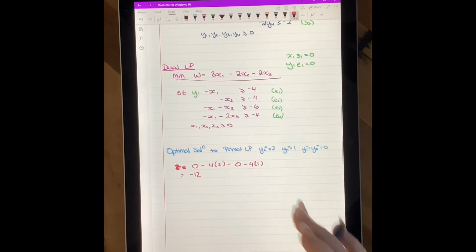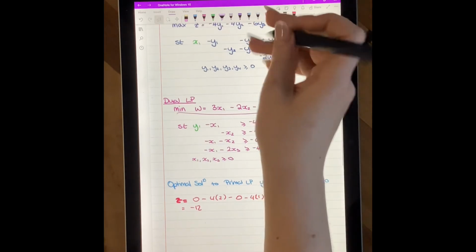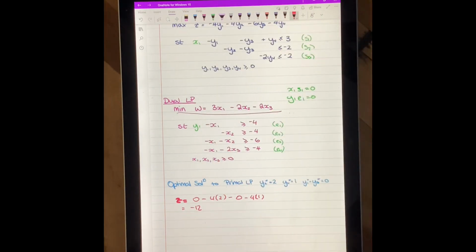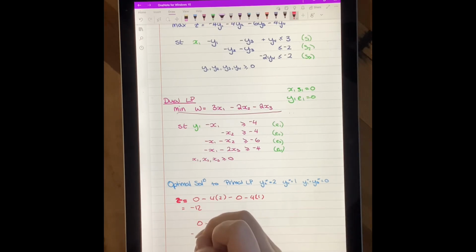Okay. And we substitute these variables into the primal LP's constraints. So y1, which will give us 0 minus 0 plus 1 is less than or equal to 3. Negative 2 minus 0 less than or equal to negative 2. And negative 2 times 1 is less than or equal to negative 2.